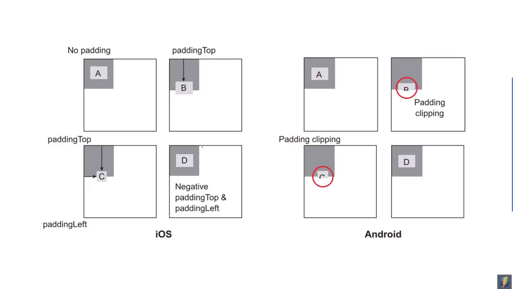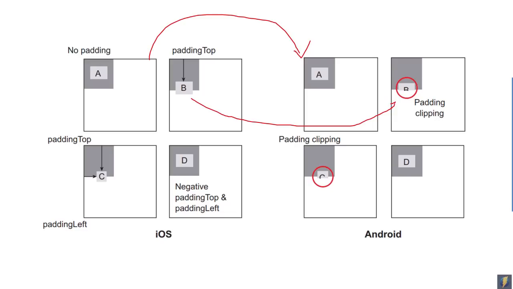The left side is the iOS device and the right side is the Android device. There are also some differences. You can see the first one is the same. But the second one is different.